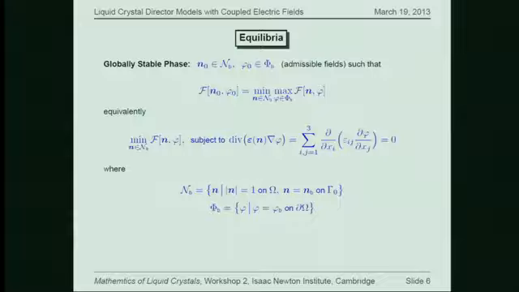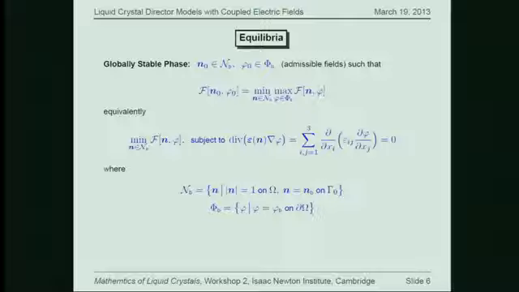The equilibrium solutions in this setting can be characterized various ways, weak and strong forms. At the end of the day, you're trying to minimize the free energy with respect to the director field. However, the electric field enters in a funny way.